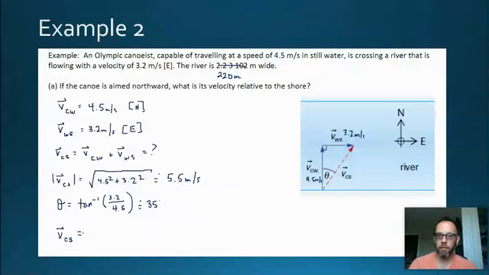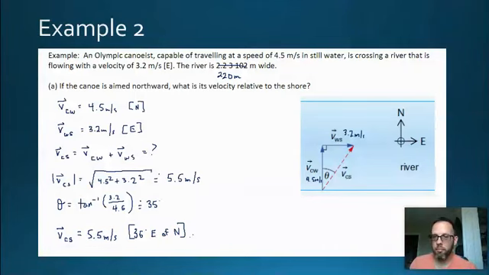As far as the canoe is concerned, they're pointing straight north. But yeah, the current's going to blow them to the east, and some person on the shore is going to see that canoeist drifting down. So we have 5.5 meters per second, and our direction is 35 degrees east of north. And we've got it.